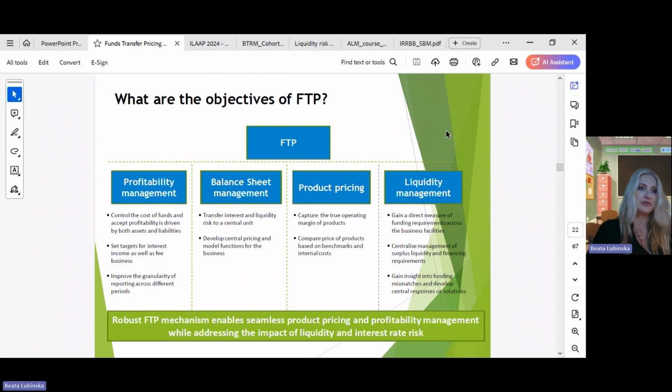Therefore, it is a risky product. Also, you need to allocate additional liquidity because the product is sitting in the pipeline. You don't know when the customer will draw down the product. You need to be prepared.